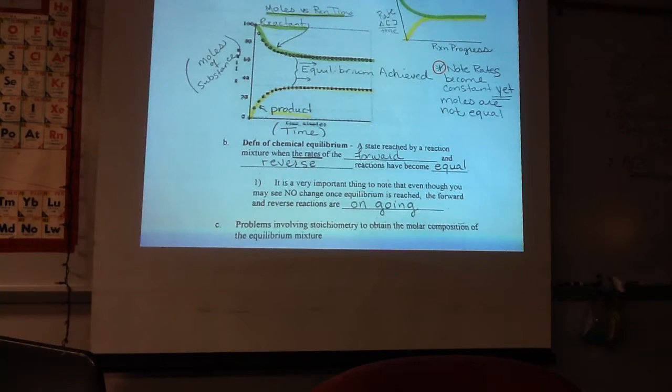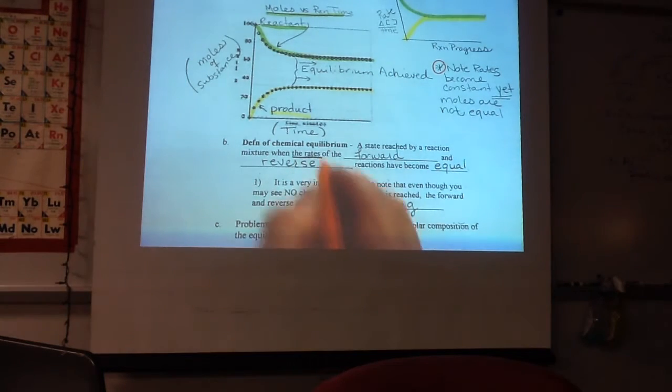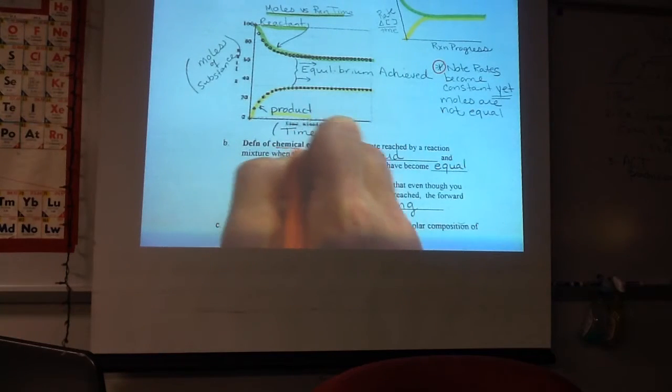Okay. So rates become constant. Once equilibrium is established, moles become constant but not equal. Rates do become equal. All right. So a definition of equilibrium before you leave me for lunch. Basically, what is equilibrium?